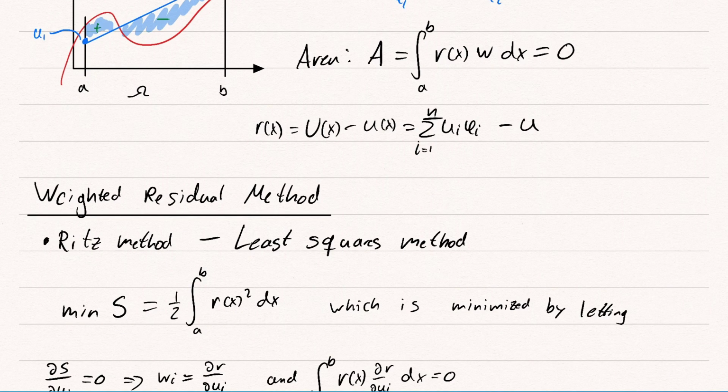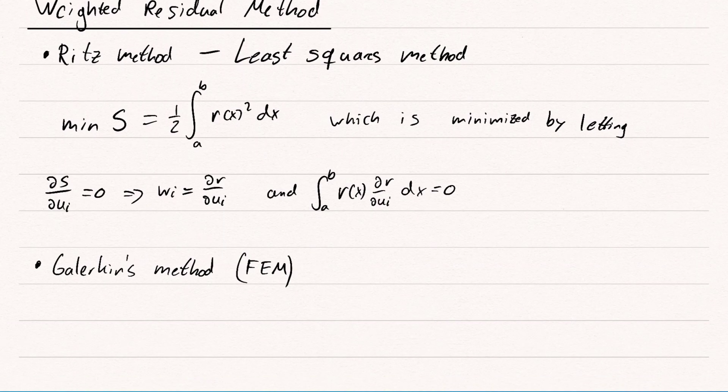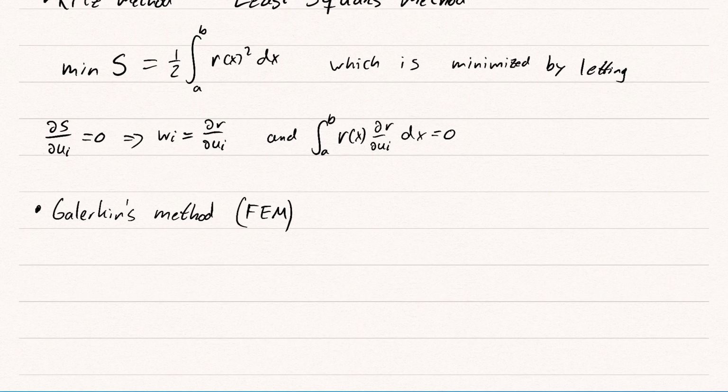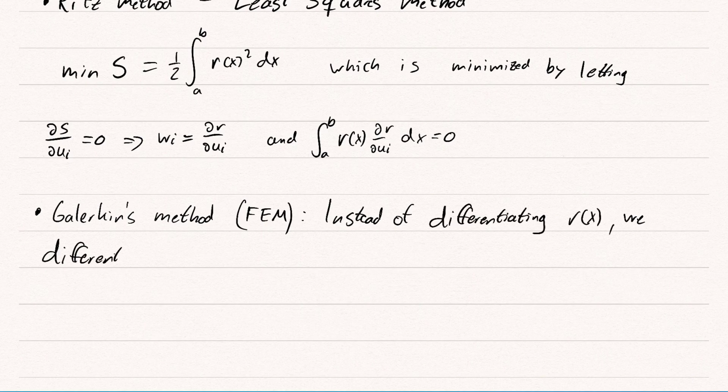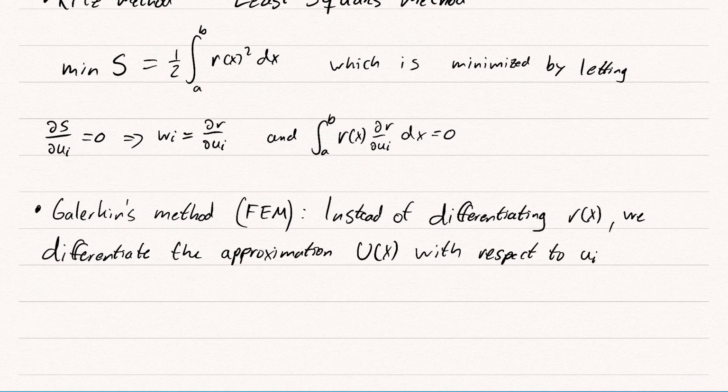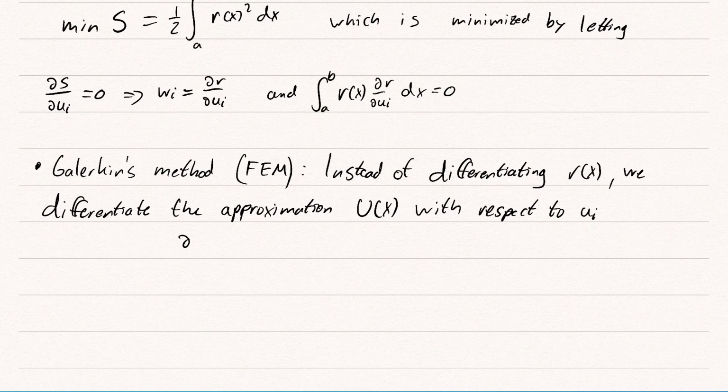What Galerkin proposed was, instead of differentiating r of x, differentiate the approximation u of x. Basically it looks like this: d/du_i of u_1 phi_1 plus u_2 phi_2 plus and so on.